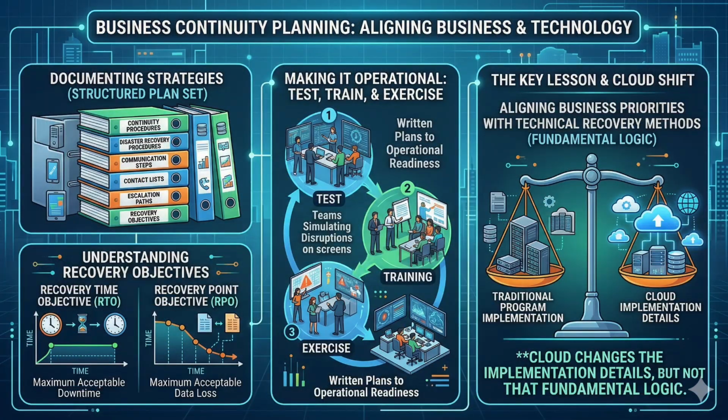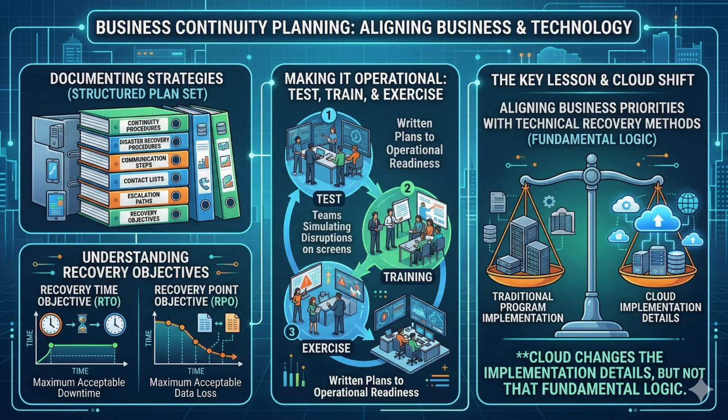Those strategies are then documented in a structured plan set that typically includes continuity procedures, disaster recovery procedures, communication steps, contact lists, escalation paths, and recovery objectives such as Recovery Time Objective, or RTO, and Recovery Point Objective, or RPO.